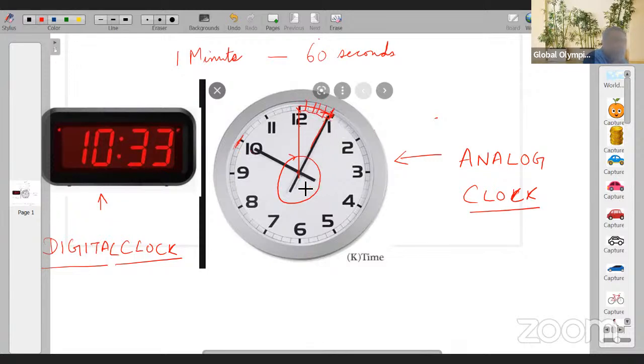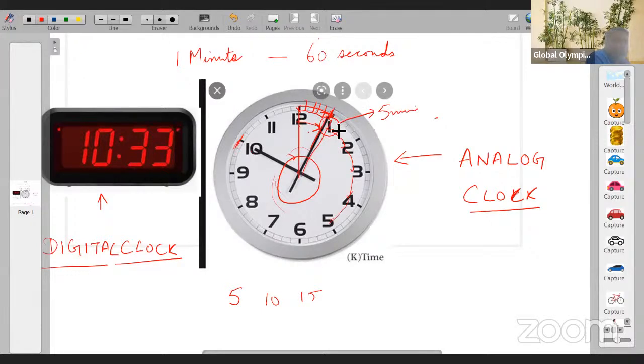So when the second hand takes 5 rounds, the minute hand will move from here to here. Then another 5 it will come here, then another 5, like that. If you do skip counting of 5: 5, 10, 15, these also represent, for the hour it is 1, for minutes it is 5 minutes.